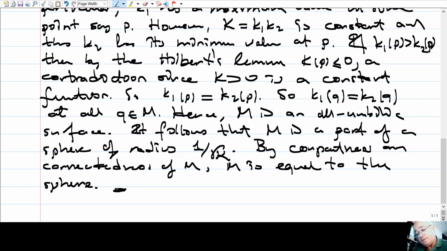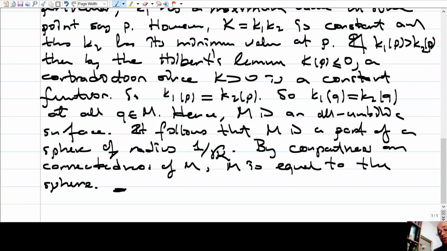Well, the reason is actually simple. M is a surface which lies inside a sphere. Since it is compact, it's a closed subset of the sphere. But M is also a surface. Therefore, it's an open subset of the sphere, because at each point of M you can find an open set which lies inside M, therefore inside S2.